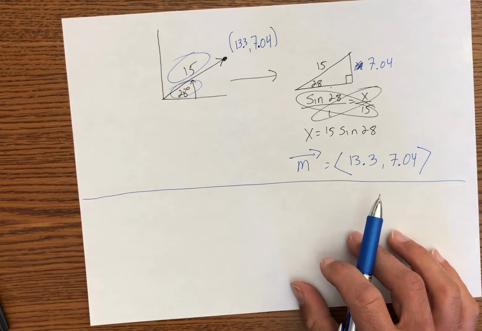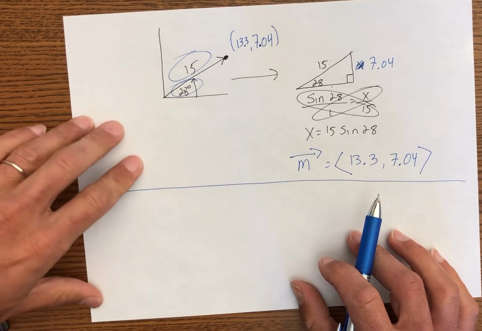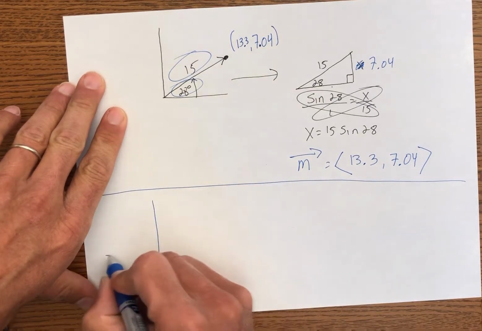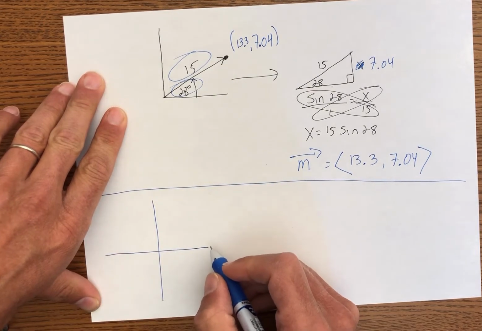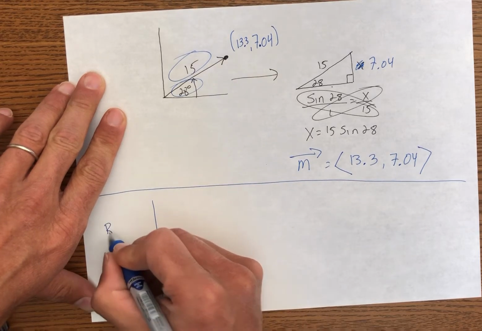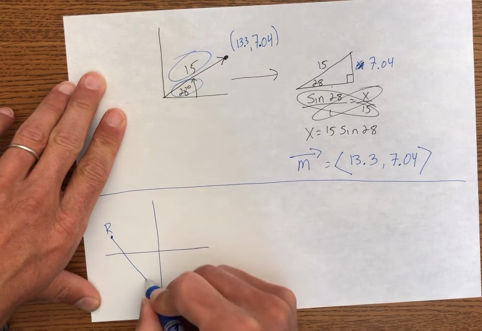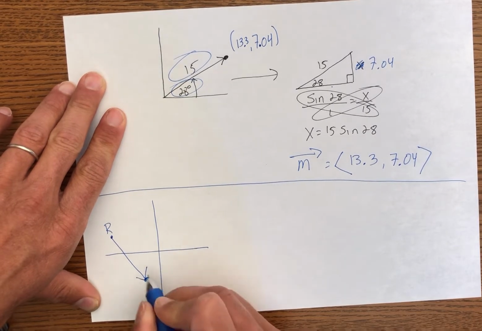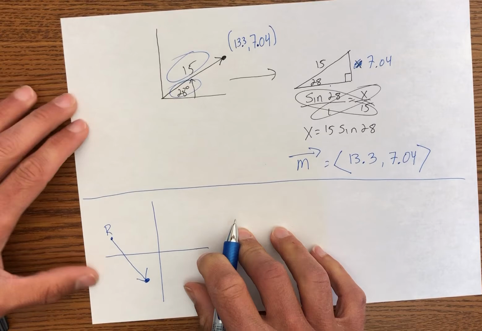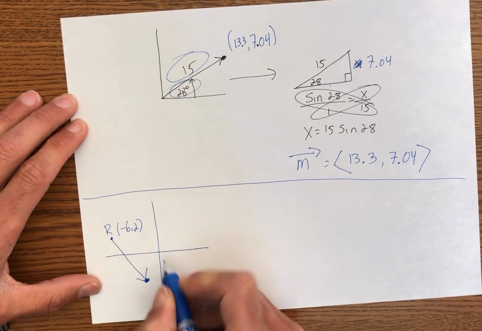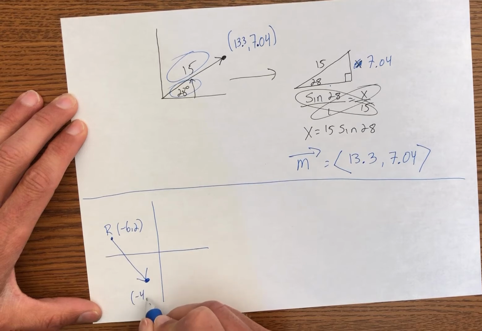Next example question is going to be RS. All right, so I have a vector R, and it's traveling to S. This shows -6, 2, and R is -4, -9.